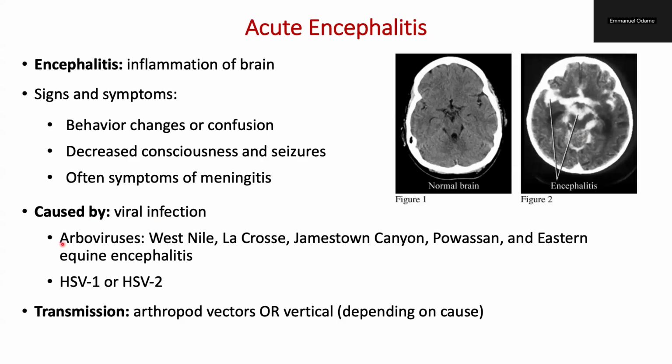Particular classes are arboviruses, which include West Nile, La Crosse, and the list goes on and on. We also have HSV1 and HSV2. It's transmitted through arthropod vectors, and in some cases we have vertical transmission, depending on which kind of cause you might have.